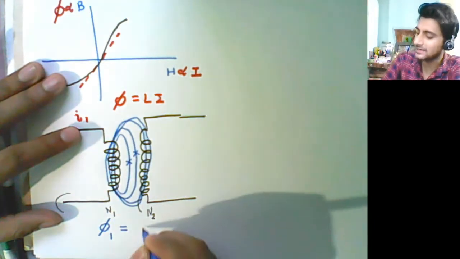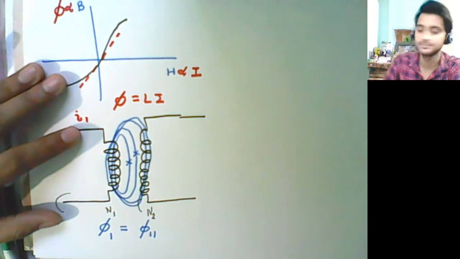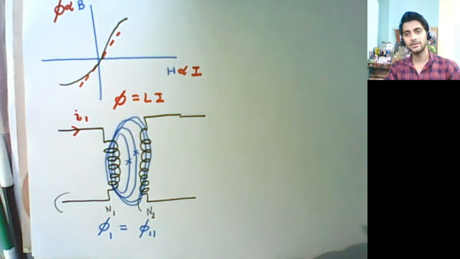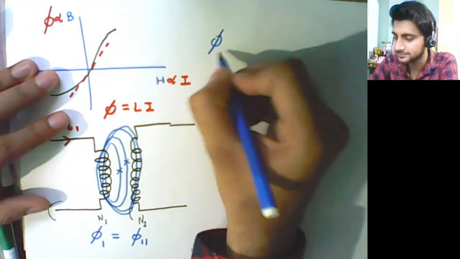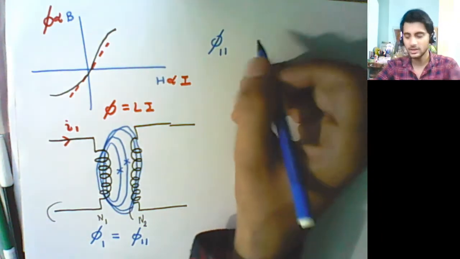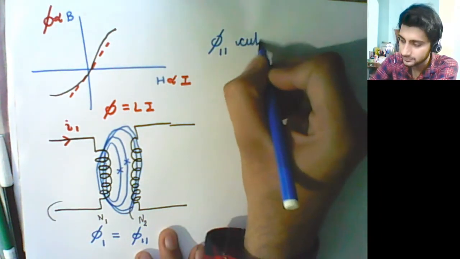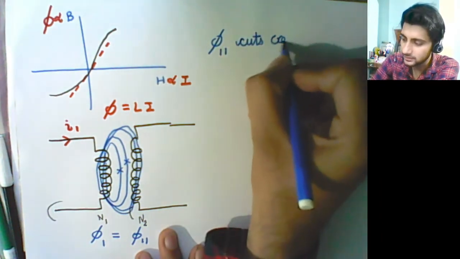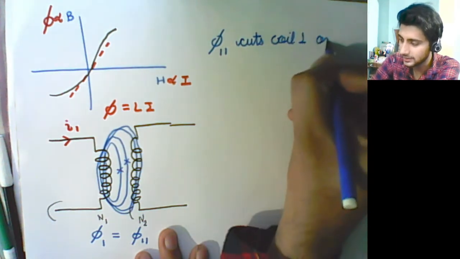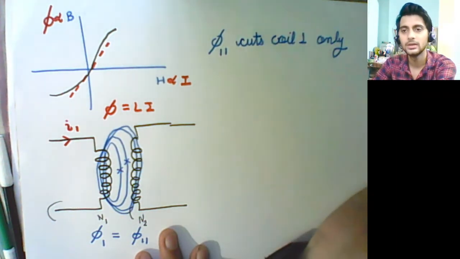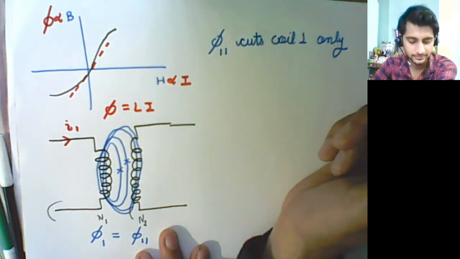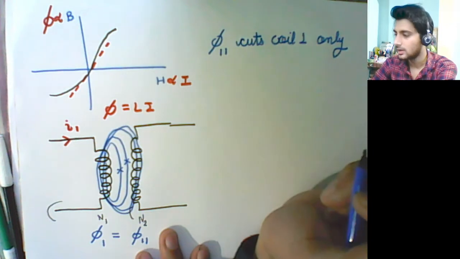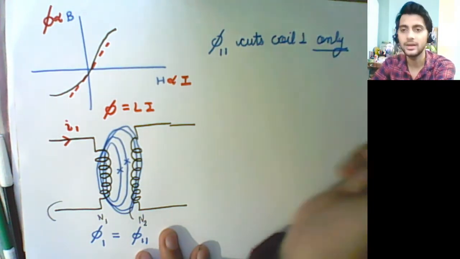We can call that flux phi 11, and technically it is said that phi 11 is a flux which cuts coil 1 only. Phi 11 is a flux which cuts coil 1 only. Okay. So this 'only' is important over there.